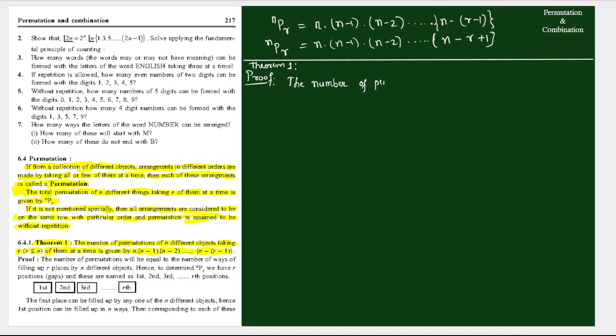The number of permutations of n different objects taken r at a time is equal to the number of ways.